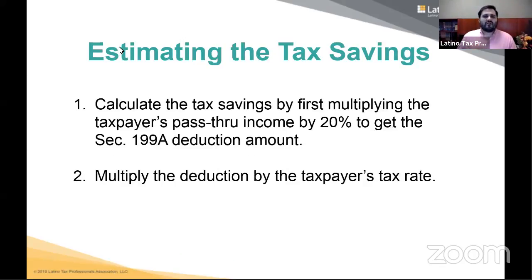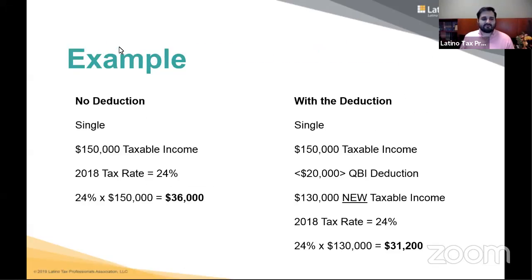So what are the benefits? How do you calculate the tax savings? Let's look at an example here. On the left, let's say somebody that is single has $150,000 of taxable income. Looking at the 2018 tax rate, $150,000 of taxable income has a 24% tax rate.